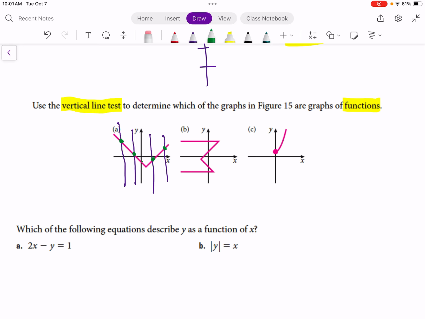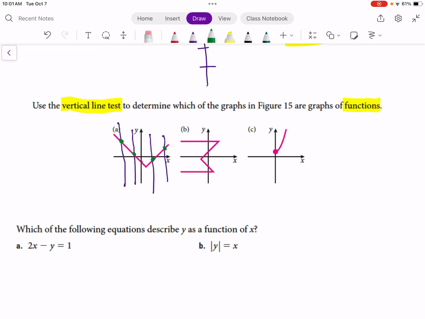And if this is the case, our graph is a function. If every vertical line on the graph crosses the graph exactly at one point, then those graphs are functions.